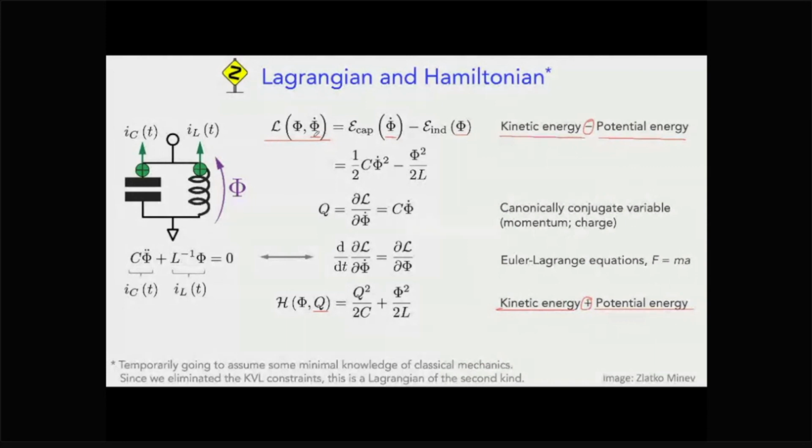And in this case, we have exactly the same picture: we need to work in terms of flux and charge. We can't use current and voltage. Basically, current and voltage don't serve the purpose in these equations of motion as the generalized position and momentum. We have to move one level up to flux and charge.